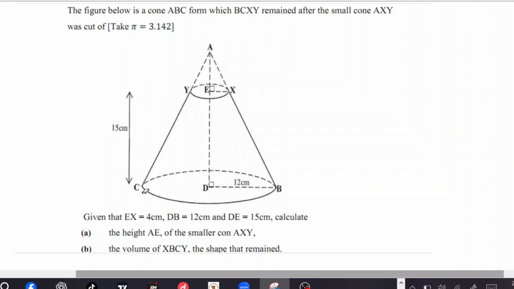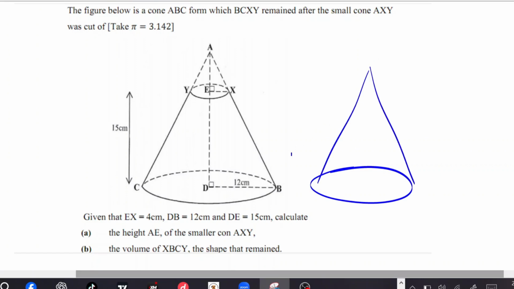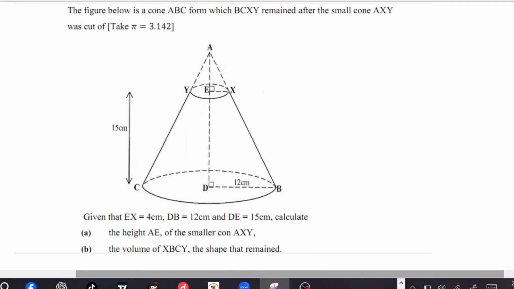And then we have been told that from this, there is a smaller cone, which is AXY. So we have two cones: a big cone which goes all the way up to there, and out of that big cone, another smaller cone. So we have two cones in one, a smaller and a bigger one.